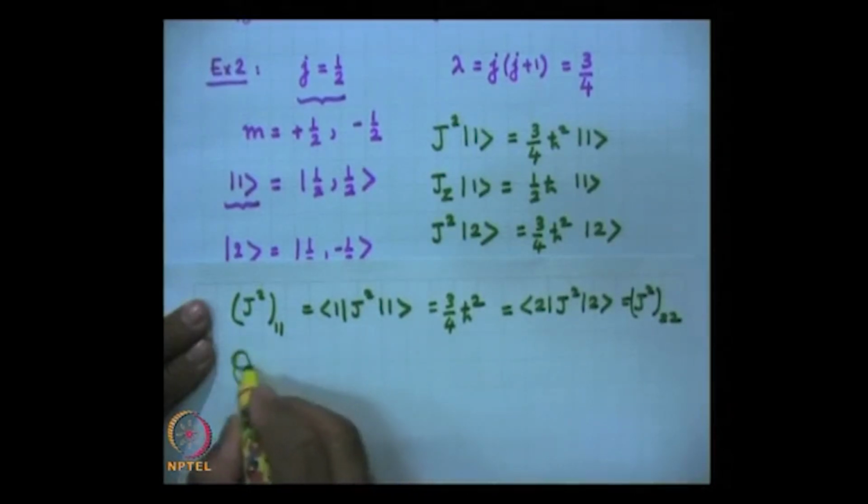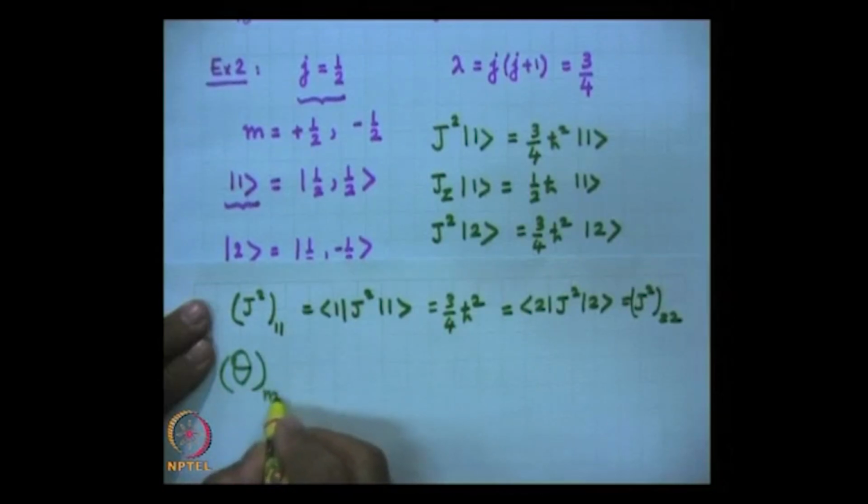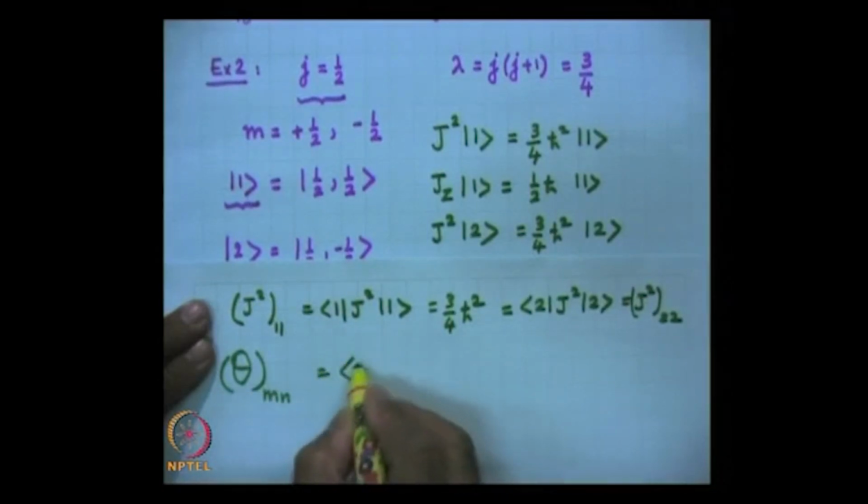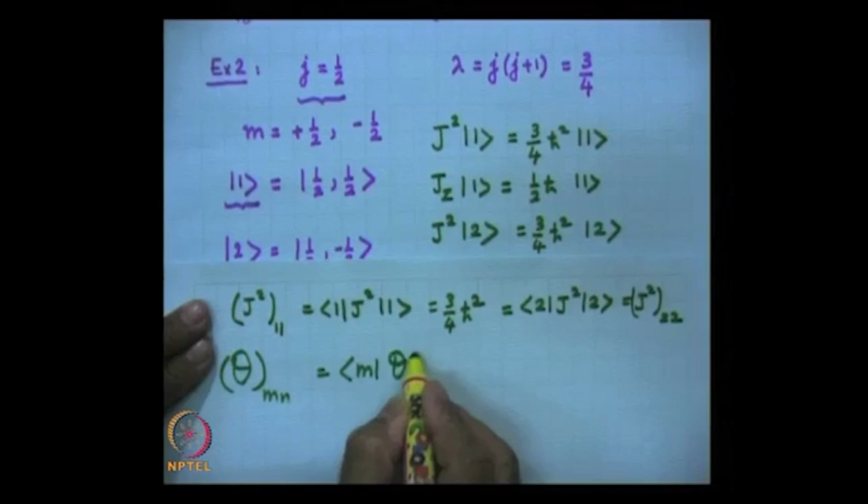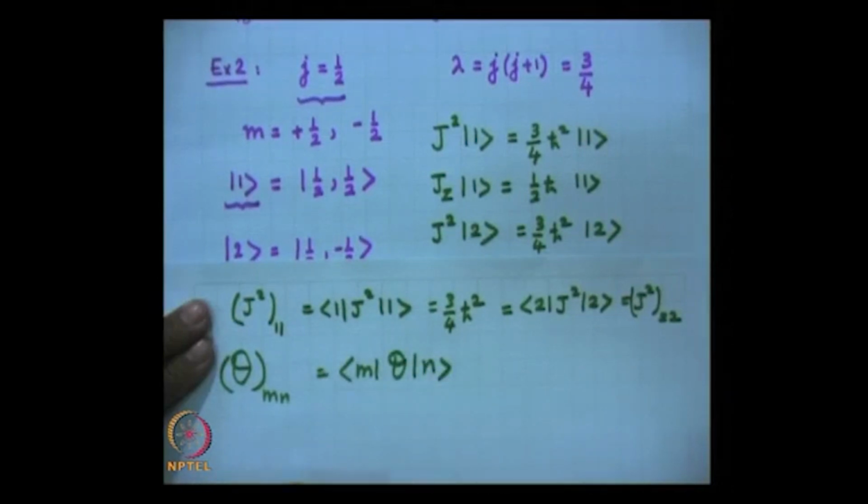Any operator O, if I write m n, it is bra m O ket n. This is the m nth matrix element of the operator O in a system where kets n are the base vectors, the unit vectors.